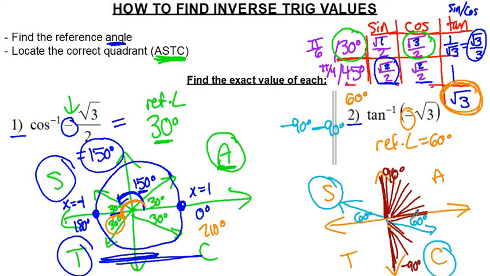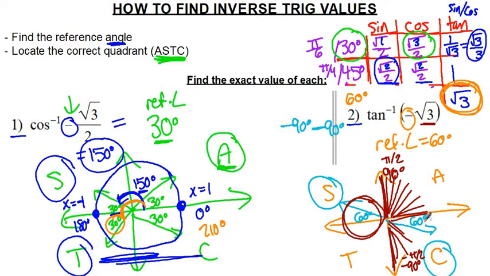So that actually has the same domain as sine does, from pi over 2 or 90 to negative pi over 2 or negative 90. So the point is that when we put this in a calculator, you don't need to in this case because we know it's going to be 60, but you have to keep in mind there's another angle over here that would also have the same tangent of negative root 3.